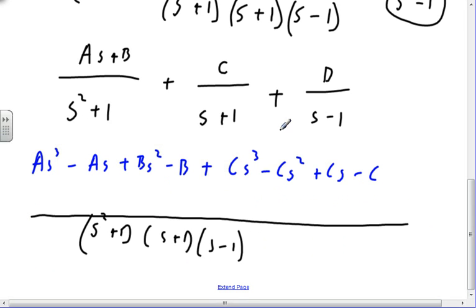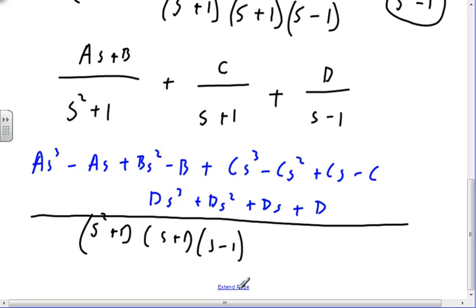Now, the D term is Ds cubed minus Ds squared plus Ds plus D.